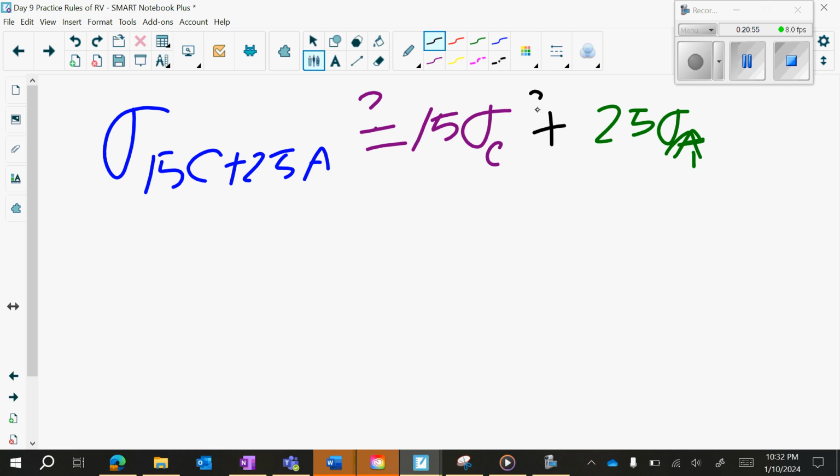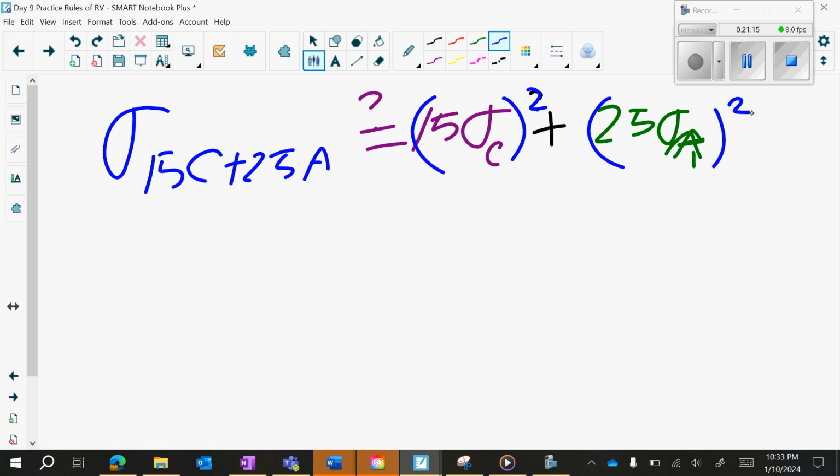And the answer is we're not, because we're not allowed to add standard deviations, okay? So we can get the separate standard deviations, but then what are we gonna have to do with them? We're gonna have to square them to get the variance and then square root to get the standard deviation. So that's where it gets a little ugly, okay?